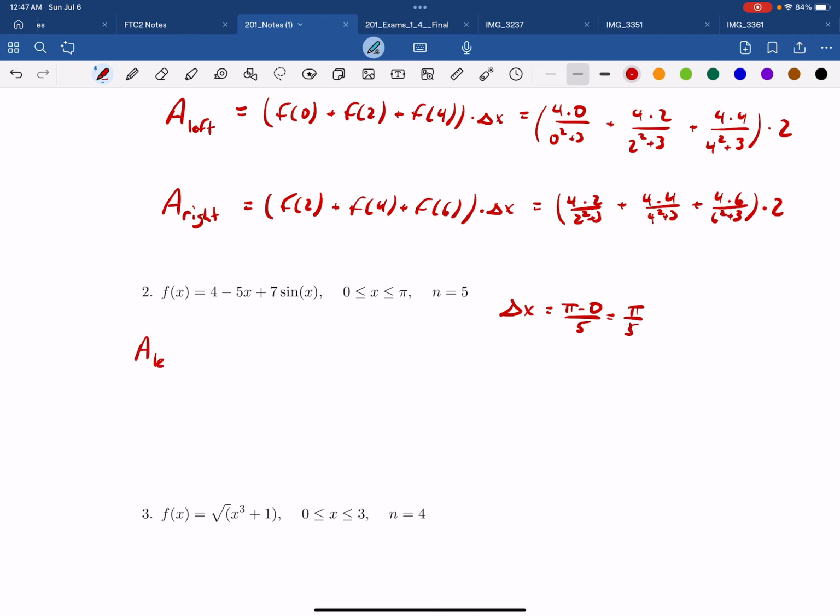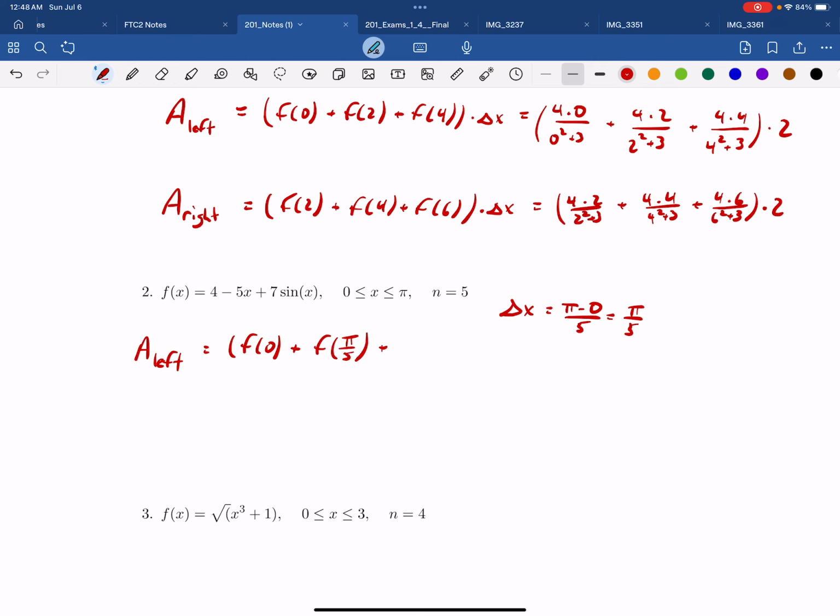So what are we getting for this one? Well, the left-hand area is going to equal, since we're starting at 0, the first one's going to be f of 0 plus f of, if we add pi over 5 to it, pi over 5.